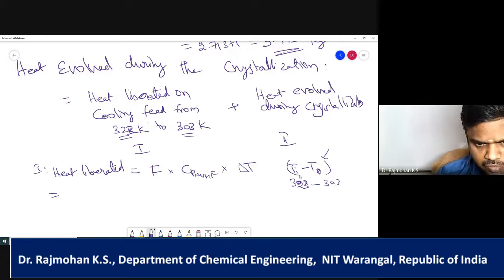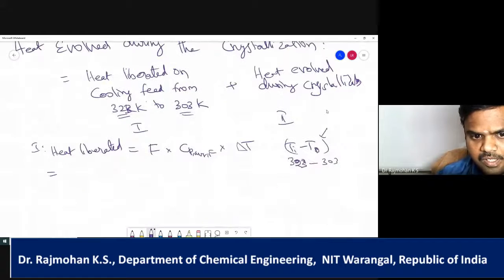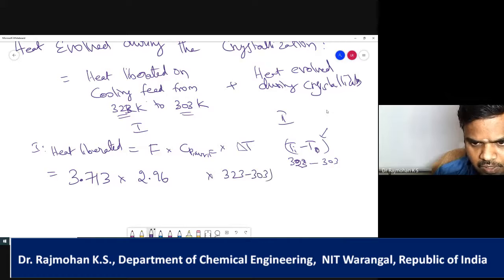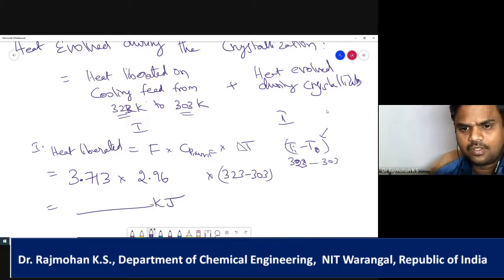Okay, so the F value we have calculated is 3.713, into CP value given as 2.96, into delta T, which is 323 minus 303. So what is the value? This much kilojoules. Why kilojoules?